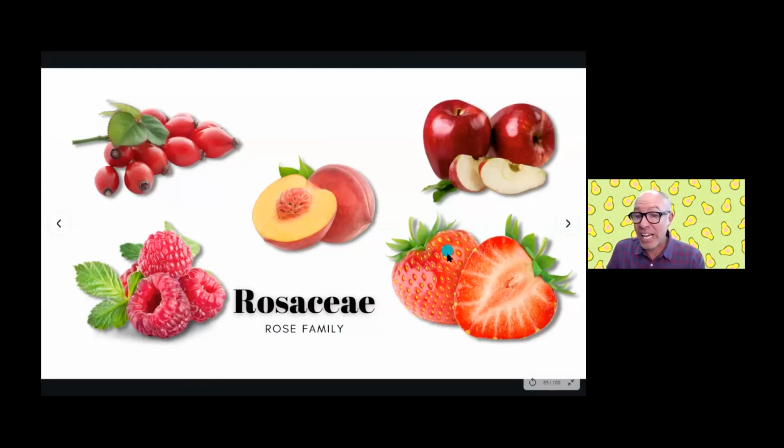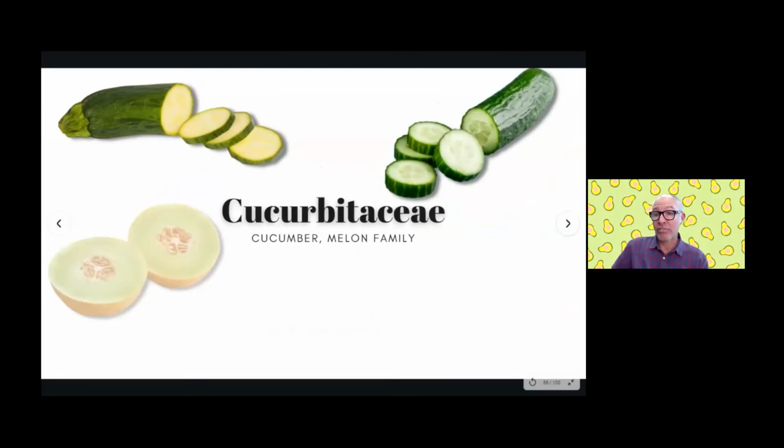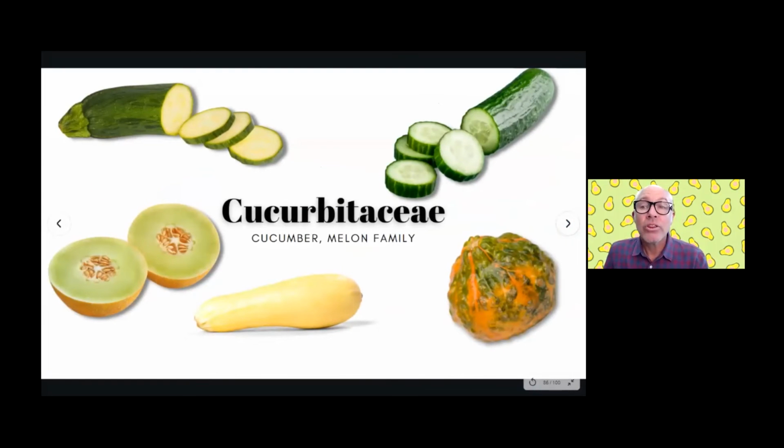The seeds are inside each one of these little yellow dots, each one of those yellow dots being a separate fruit. But that's for another class. The cucumber or the melon family, these ripened ovaries give us cucumbers and zucchini and the melons and the squashes and the gourds.